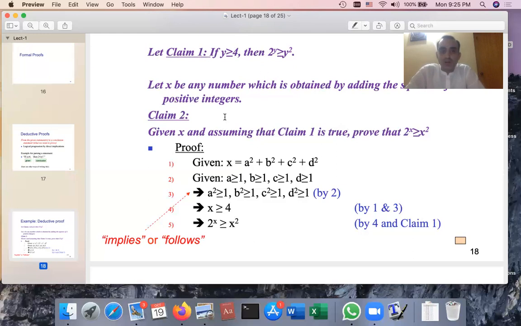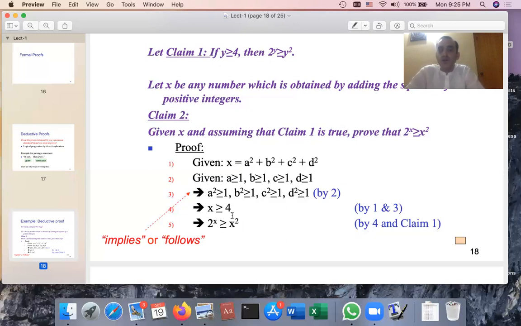Now, by using claim 1, which I have supposed to be true, and if it is true, then I can write that 2 raised to the power x is greater than or equal to x square, by using 4 and claim 1.